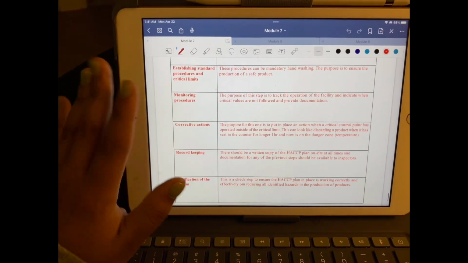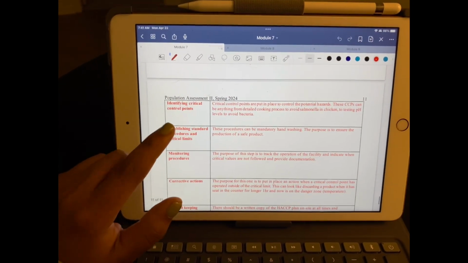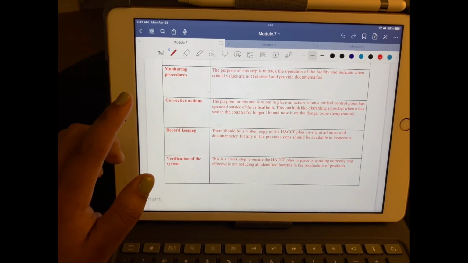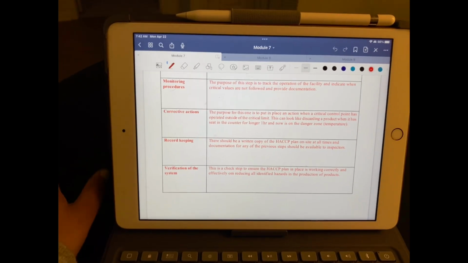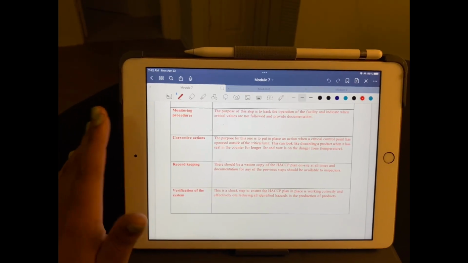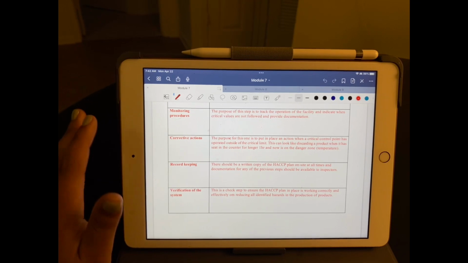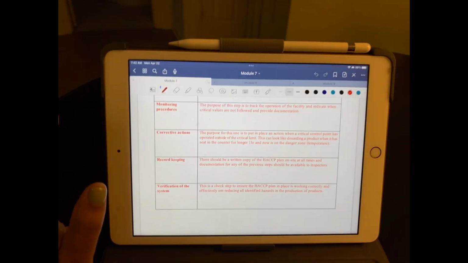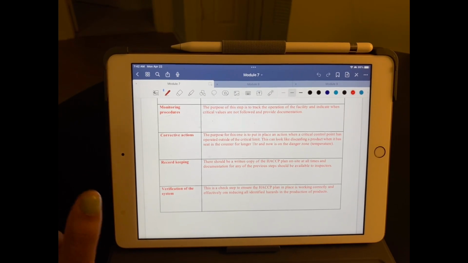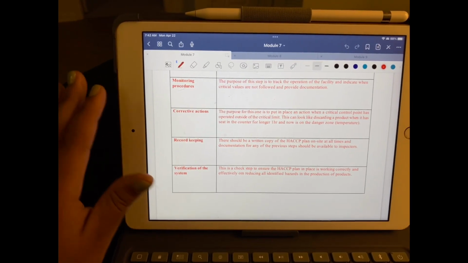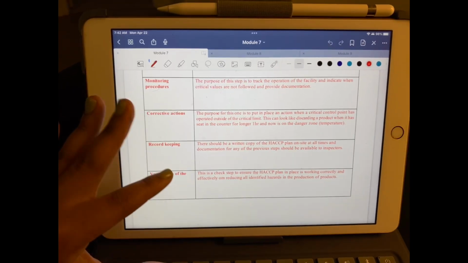And then there's also corrective action. So let's say a hazard does happen, then you need to have a corrective action in place. So let's say someone accidentally cut poultry with the same knife that they were cutting leafy greens. So you have a corrective action that you would put in place there. And that's not just the food manager that would do it, but the whole team that's preparing food will be involved in the process of having this.